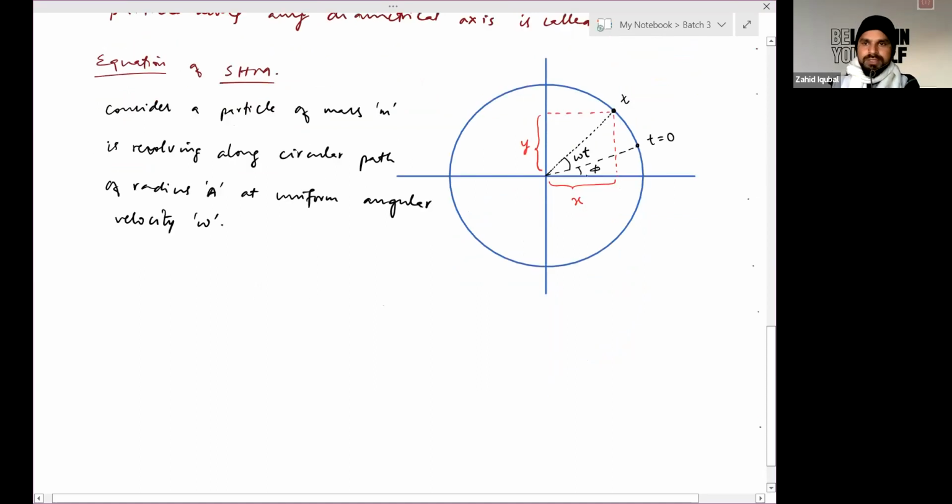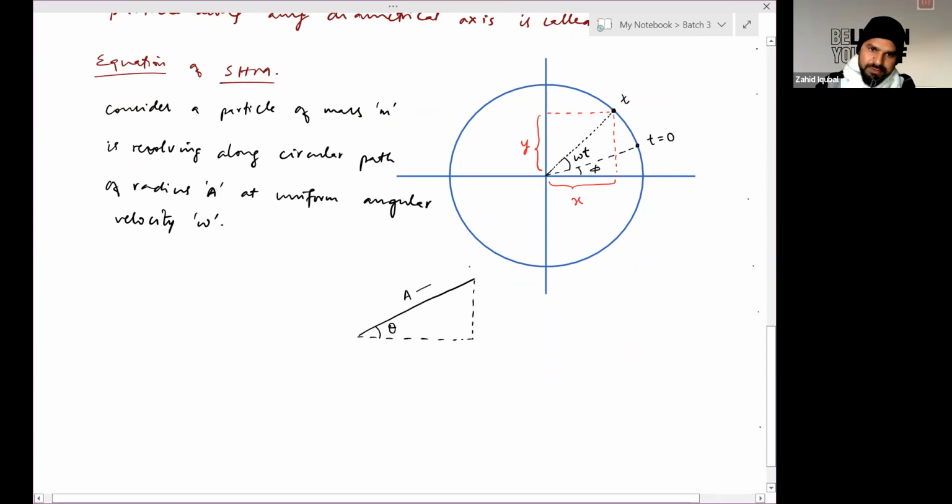Now, using this triangle, if we draw a vertical line and a horizontal line, total inclination from this point to this point will be theta.